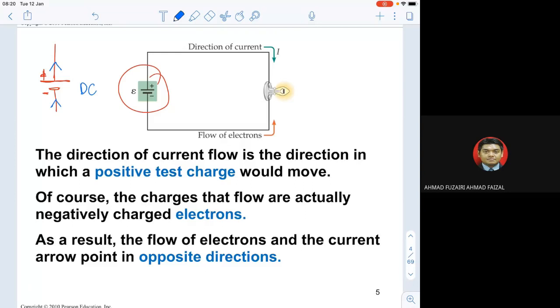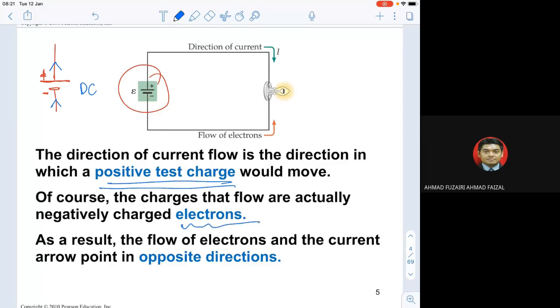The direction of current flow is the direction in which the positive test charge would move. So the positive test charge goes out from the positive terminal in terms of the electric current. Don't fall into the trap of the positive charge, because the one that actually flows in the electric circuit is the electron.